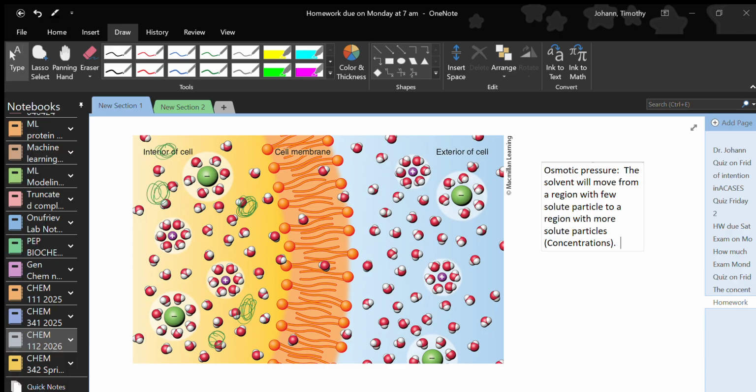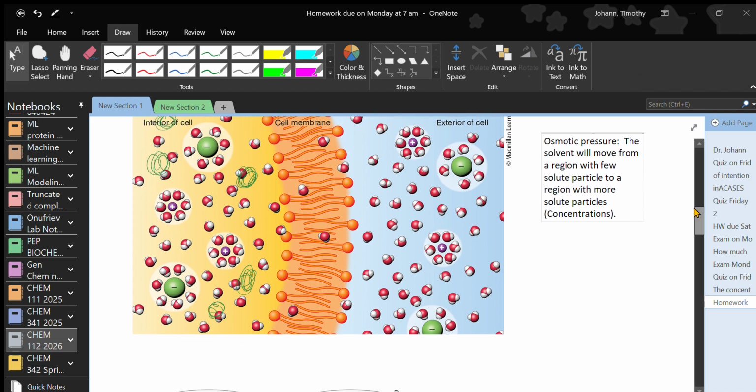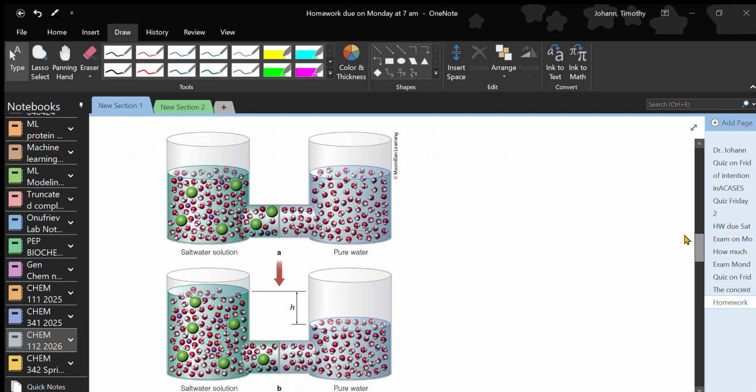If I have more particles in here, I have less water because the particles take up space. And so water is moving from where there's more water to less water. You can think about it either way. Either way works in terms of a model for predicting what's going to happen. Questions? Conceptually?